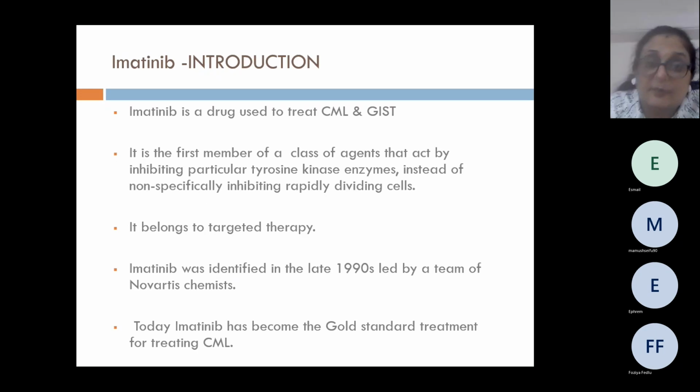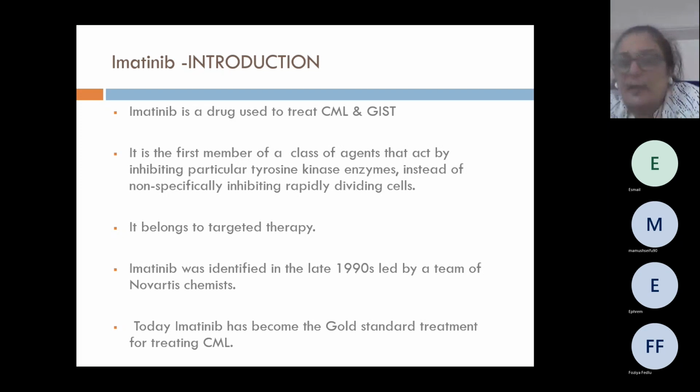Then after that came imatinib, and it was found it is used to treat CML and GIST. Chronic myeloid leukemia, and GIST is gastrointestinal stromal tumors. I will explain that. It is the first member of a class of agents that act by inhibiting particular tyrosine kinase enzymes instead of non-specifically inhibiting rapidly dividing cells.